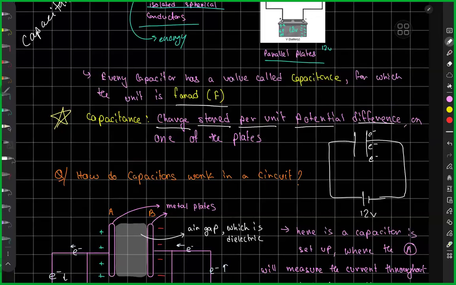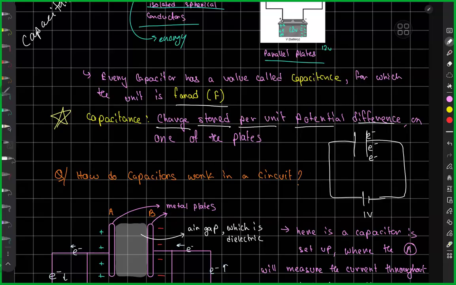Basically, think of it as 1 volt of potential difference being applied across the capacitor, and the capacitance value tells you how much charge is stored on one side of the plate.